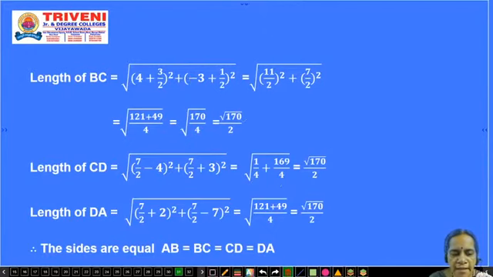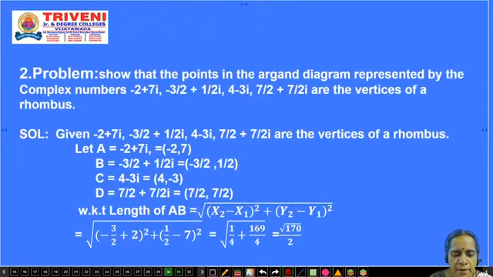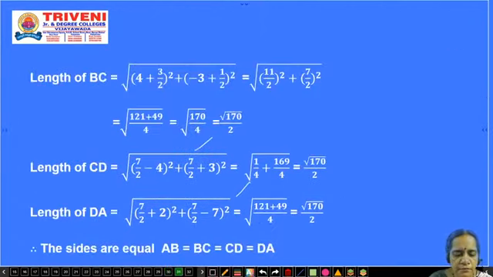Then find the length of DA. The value of D is 7 by 2 comma 7 by 2 and A is minus 2 comma 7. Here also the formula is the same.